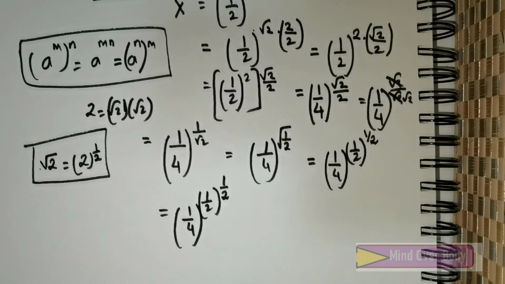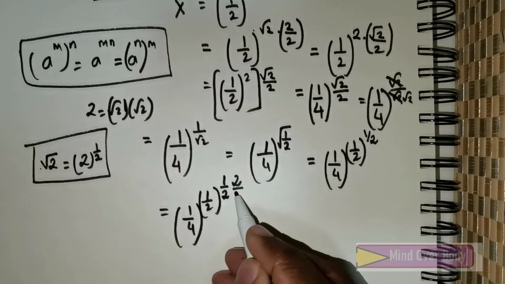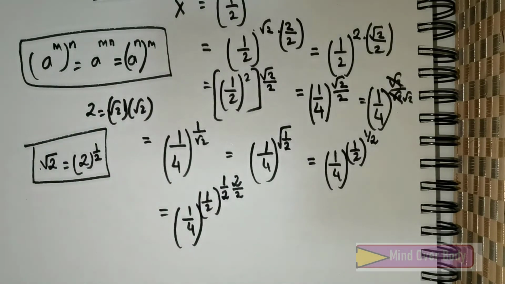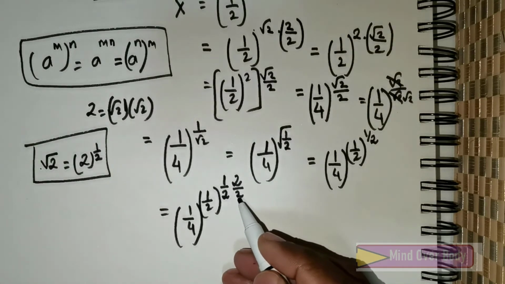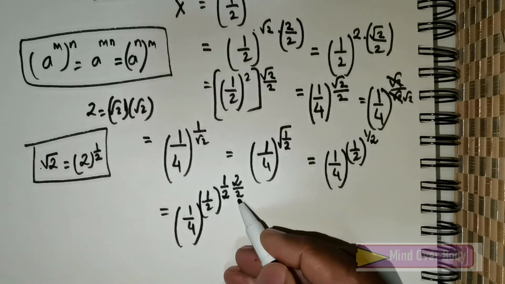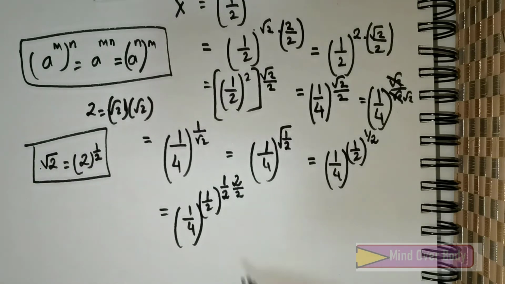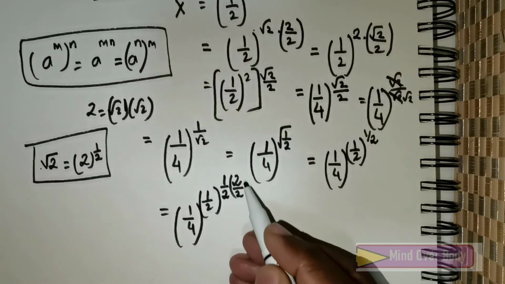Now what I'm going to do is multiply by 2 here and divide by 2 here. Am I making any changes here? No, not at all. I'm multiplying the numerator by 2 and dividing the denominator by 2. Or I would say multiply and divide by 2. That's what I'm doing here.